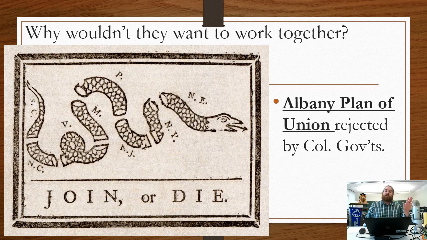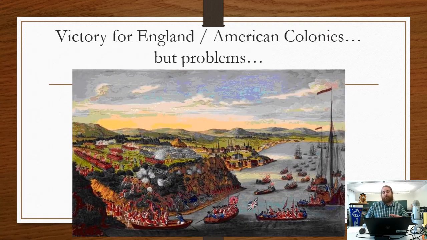They did not trust each other because they had never done it before. But when the 1770s roll around and there's a national crisis, a lot of the same leaders who were pushing for the Albany Plan of Union will then push for the colonies to come together as the United States of America.